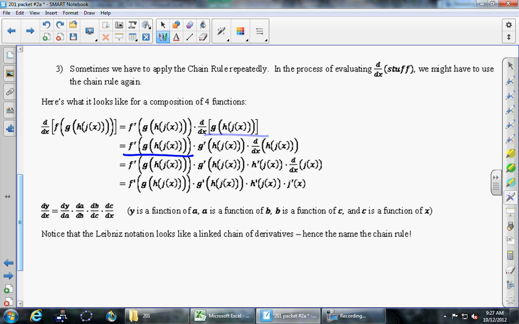This guy is copied from up above. The derivative of this thing breaks up into two pieces because it's another chain rule. Every time you have composition, it breaks up into two pieces. And there's the last derivative going at the end. This is the symbolic way of seeing what we just did with a specific example. If you have lots of nested functions, you're going to get lots of derivatives all multiplied together.